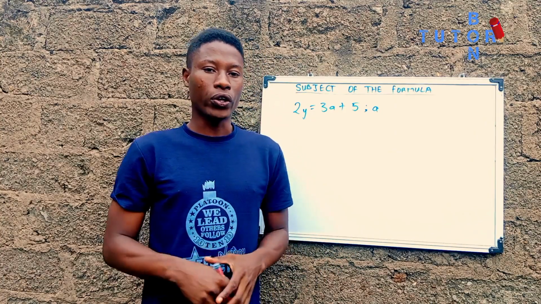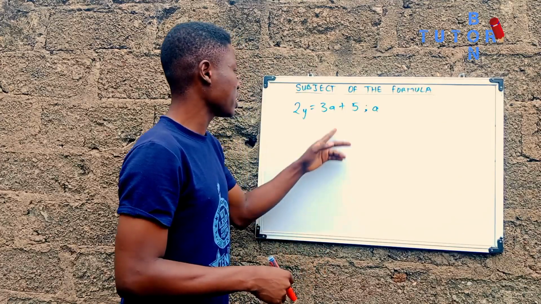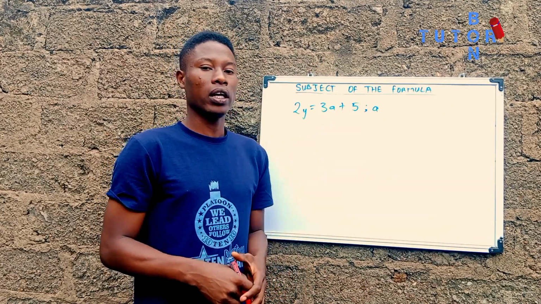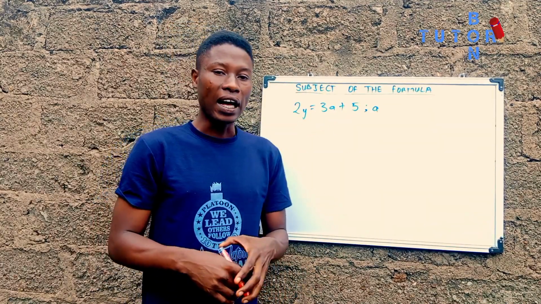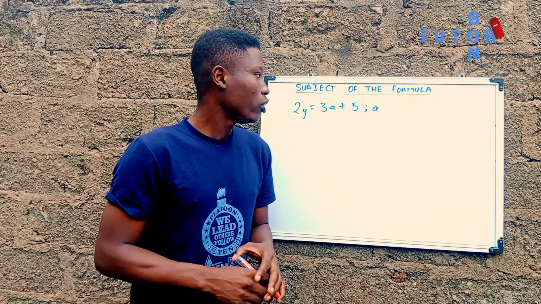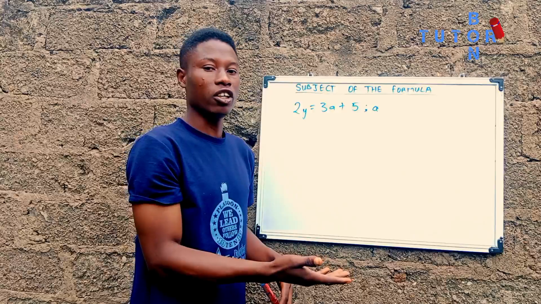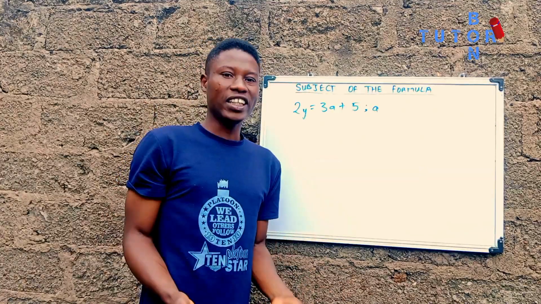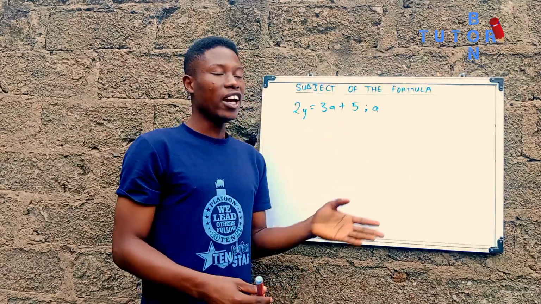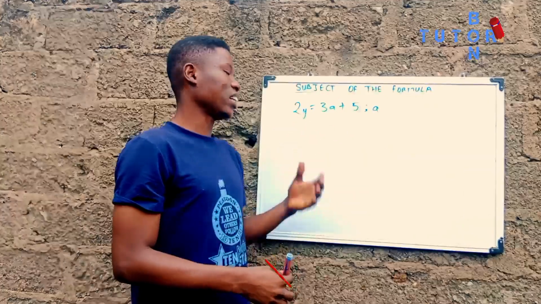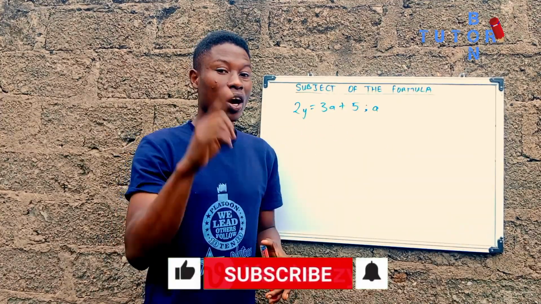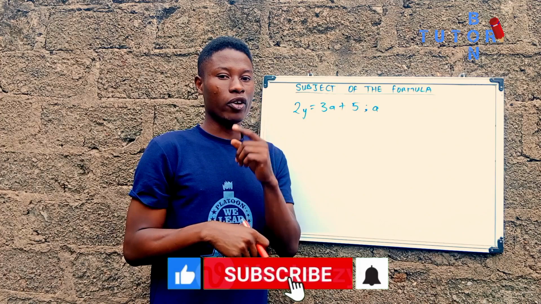We have 2 unknowns already, which means we have to express our a in terms of all others, including the letters and the numbers. The first thing to do is to transfer this 5, which is a foreign number, let me say a foreign entity, because we only need a on one side, to the other side. But before you do that, you have to rearrange your equation to avoid confusion.